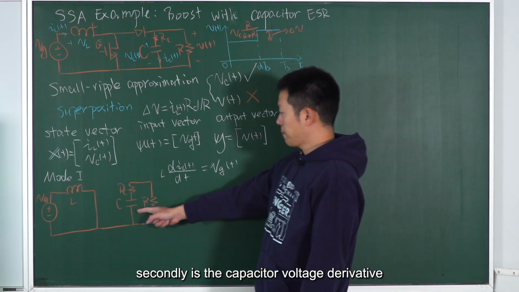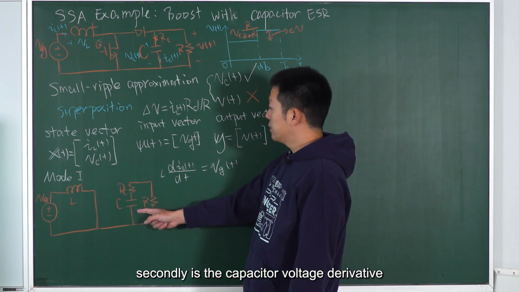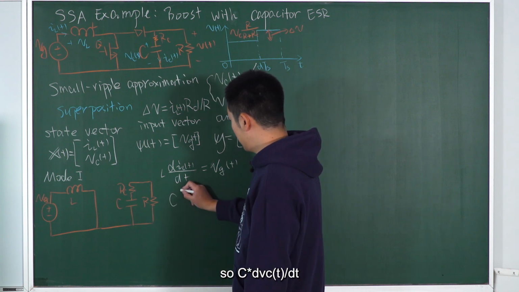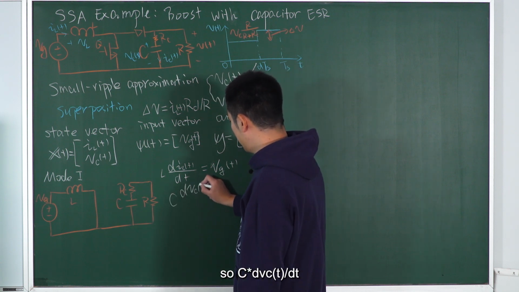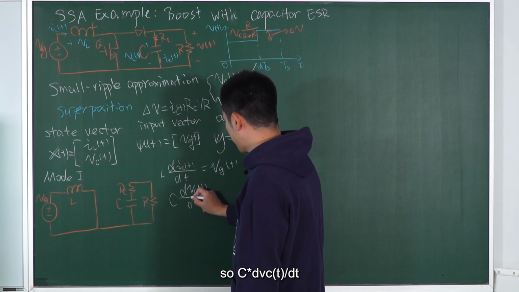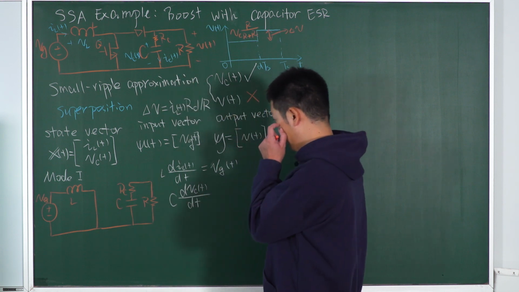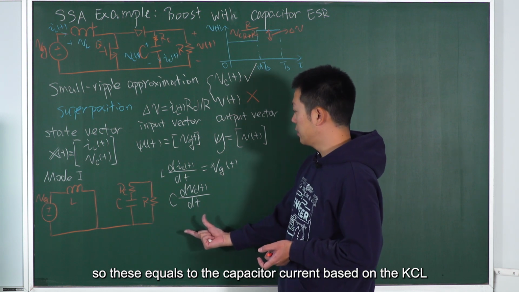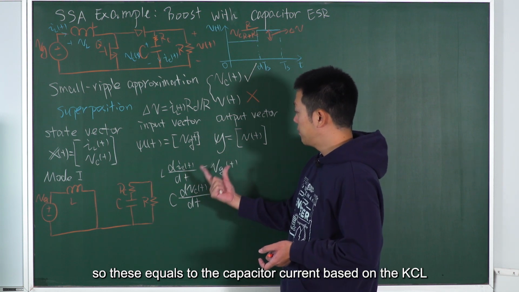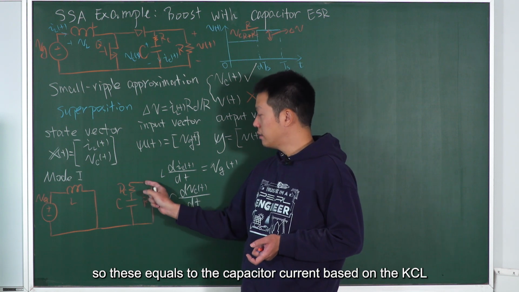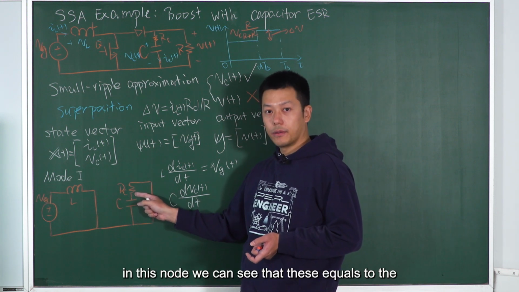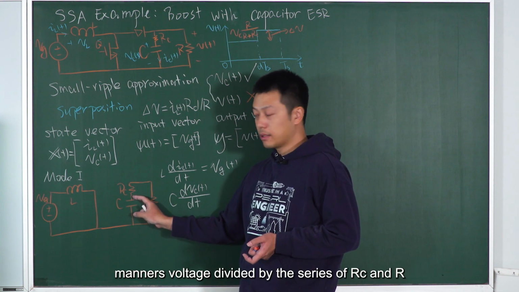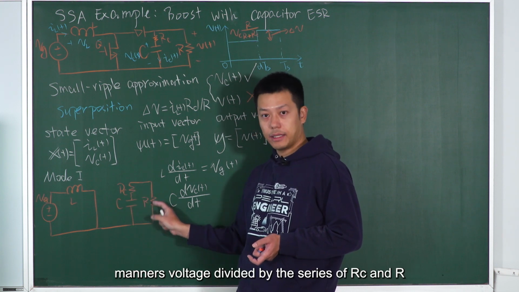Second is the capacitor voltage derivative, C dVc over dt. This equals the capacitor current based on the KCL in this node. We can see that this equals the minus voltage divided by the series of RC and R.